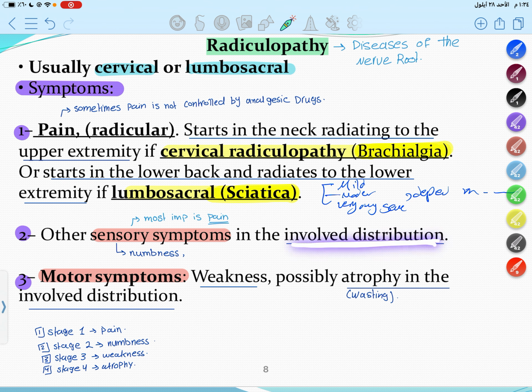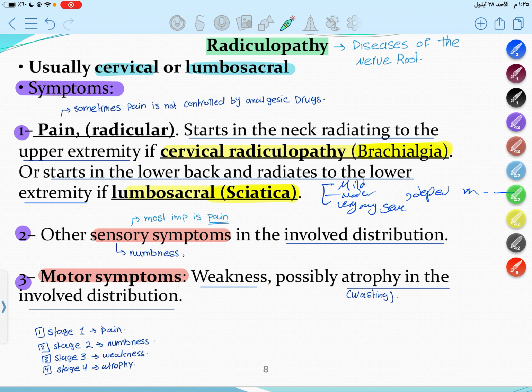Sometimes the pain is so severe, it prevents the patient from sleeping, or the patient cannot walk properly. Pain at the back, and going down to the leg, either right or left. Or sometimes pain in the neck, radiating to the upper limbs.